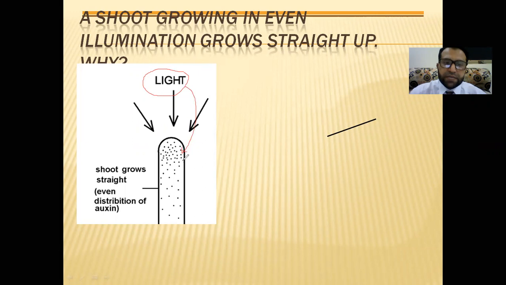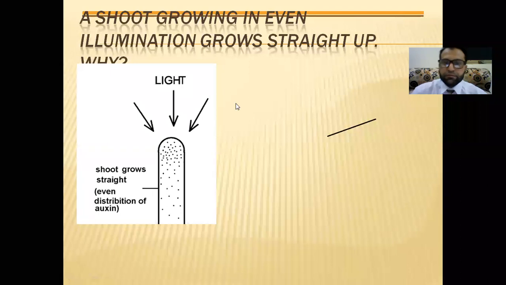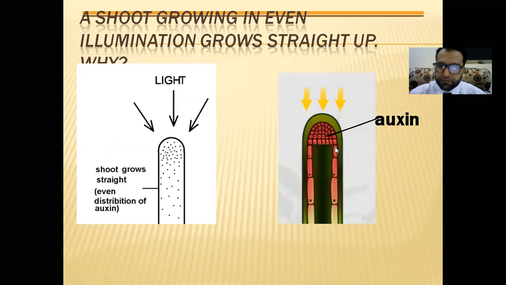So it means that auxin is distributed evenly in the shoot, in the stem of the plant. Because of that even distribution of auxin, the plant will grow straight, right?